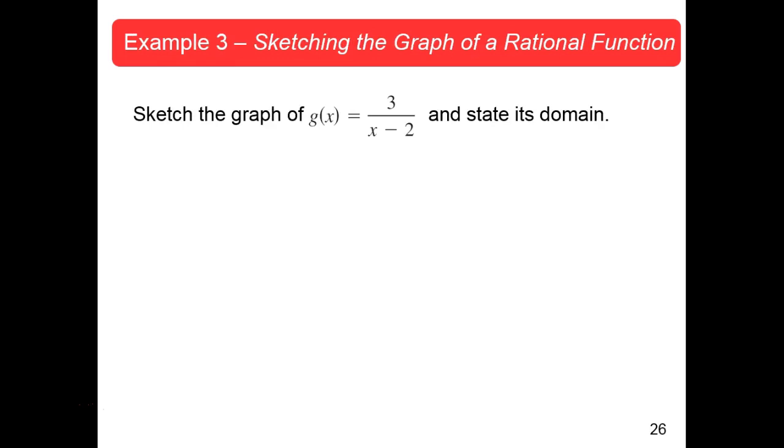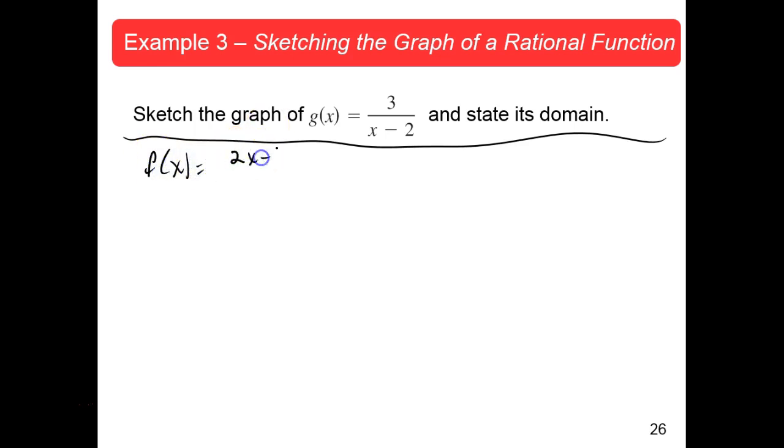Let's try to do example 4. We may not get it all done, but at least let's get started on it. By the way, every one of these examples has a checkpoint, so check them out. Sketch the graph of f of x is equal to 2x minus 1 over x, and state the domain. Can anyone state the domain for me already?